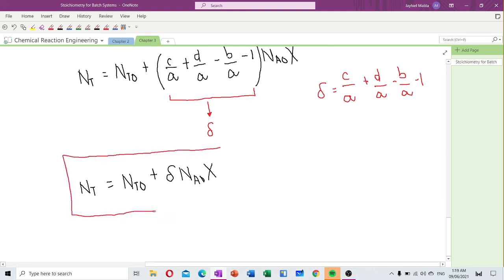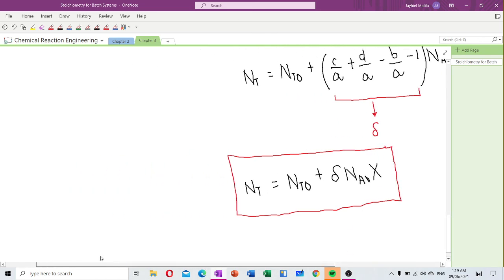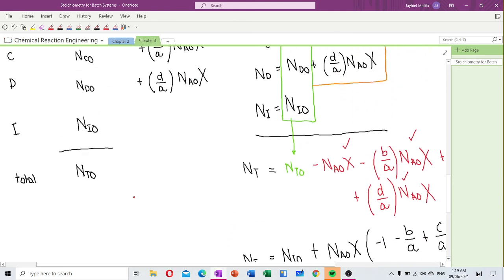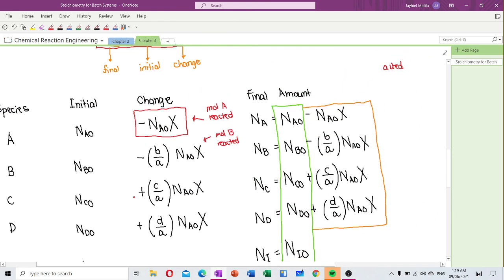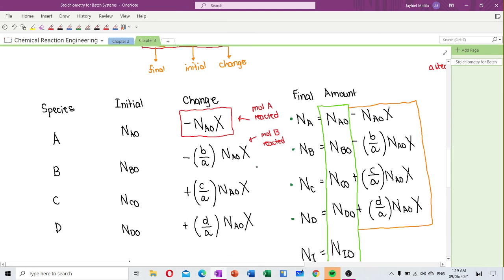Alright, so that's it for the final total number of moles after the chemical reaction for a batch reactor system. So what terms are important here? I think we should focus more on these terms, so that you will be knowledgeable in deriving from scratch, because it would be very unwise to just accept equations as they are without really knowing where they come from.